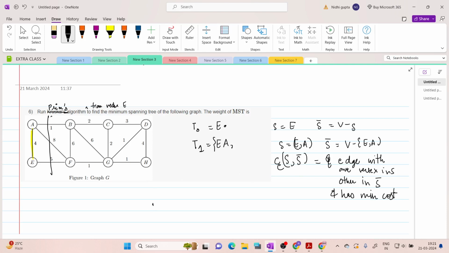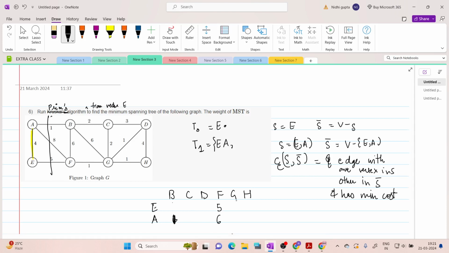So if we have EA in the first set, and we have B C D F G H in the other set, what are the edges going out? We see that there's an edge from E to F with weight 5, and there's an edge from A to B with weight 1, and A to F with weight 6.